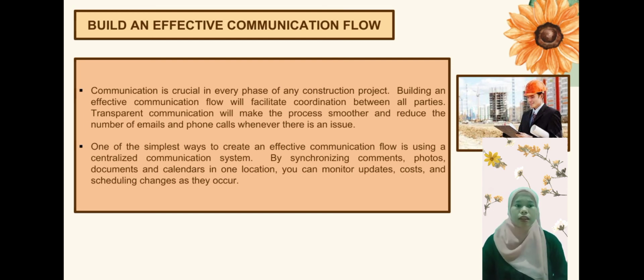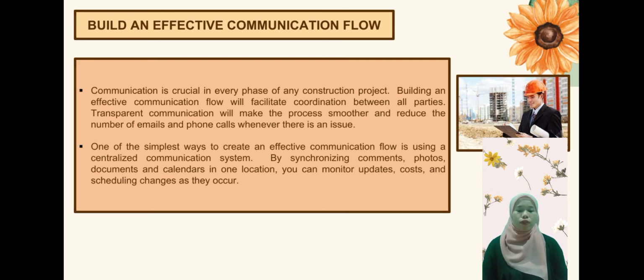Number 2 is build effective communication. Communication is crucial in every phase of any construction project. Build an efficient communication flow with transparent coordination between all parties. Transparent communication will make the process smooth and reduce the number of emails and phone calls whenever there is an issue.